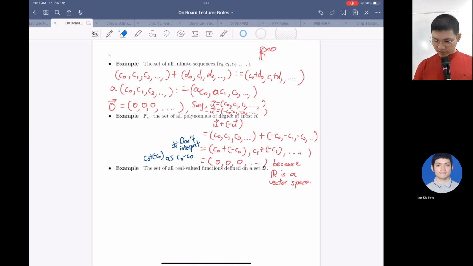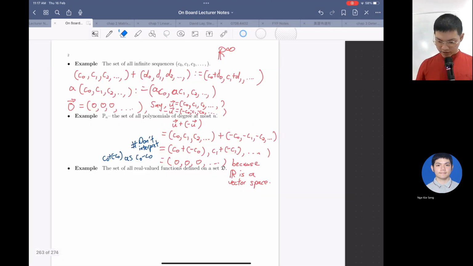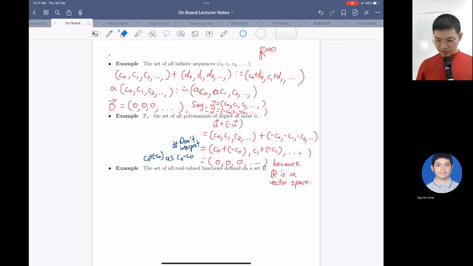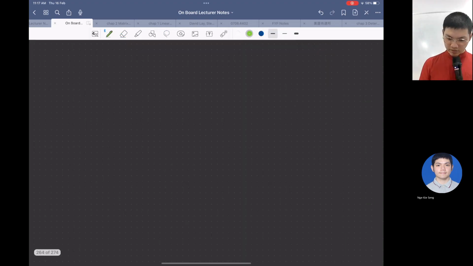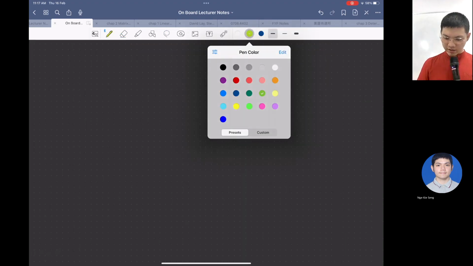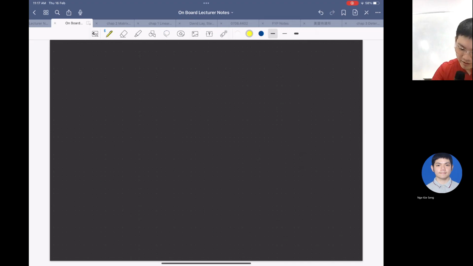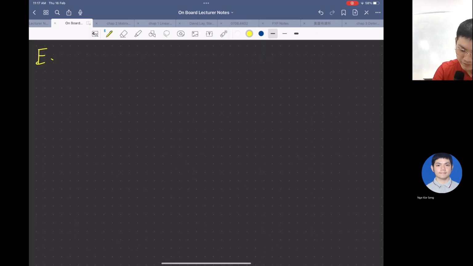Let us start on a new page. The set of polynomials of degree at most n. So let us spell out what this means. Maybe most of you don't know what this means.